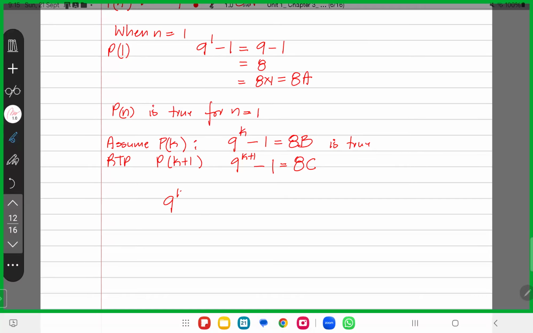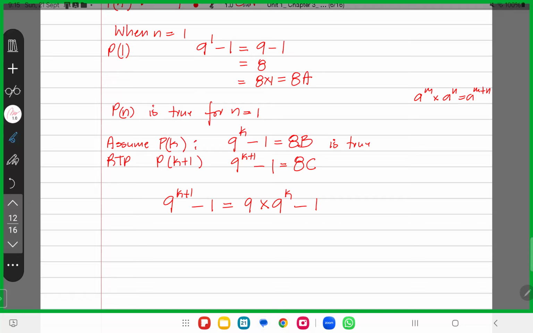We need to show that 9 to the k plus 1 minus 1 is equal to 8c. This is equal to 9 multiplied by 9 to the k minus 1. So this is a reverse application of the law of indices that says a to the m times a to the n is equal to a to the m plus n. It's a reverse application of that.